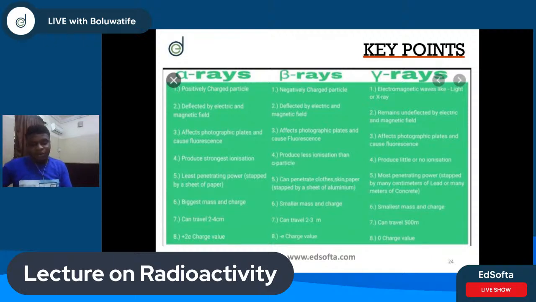Radioactivity has been around for a very long time, and we've used it in lots of fields, such as medicine, agriculture, and the likes.